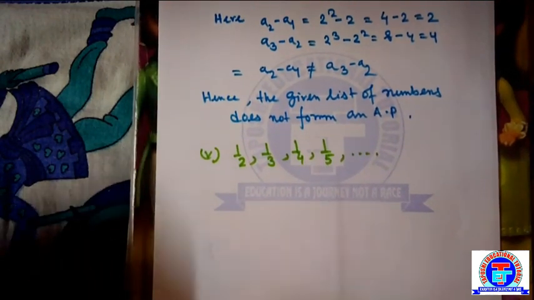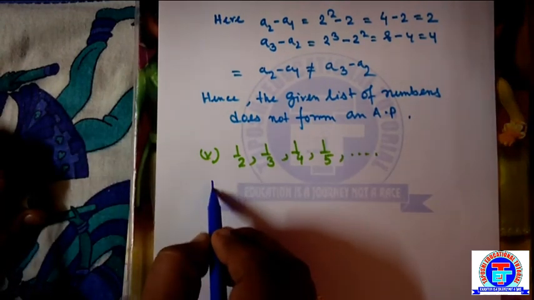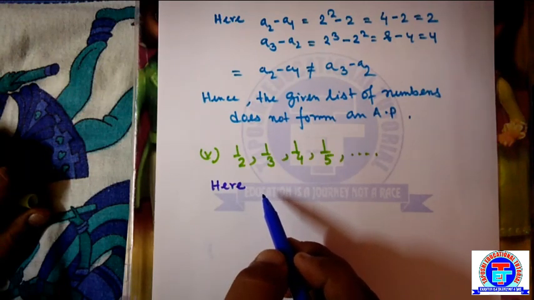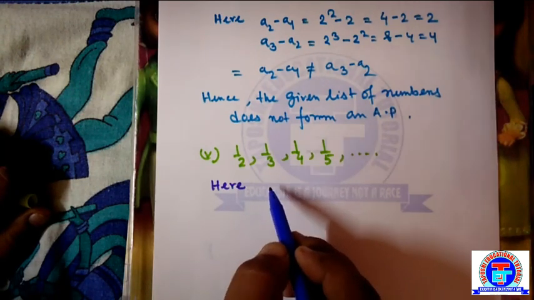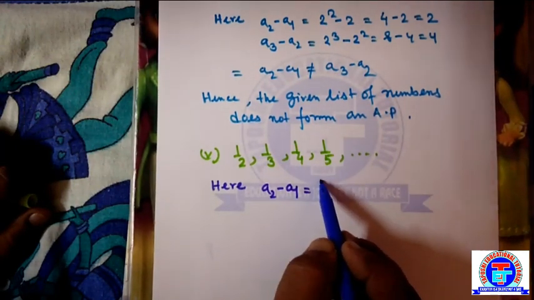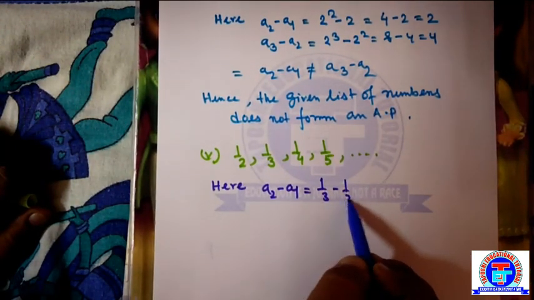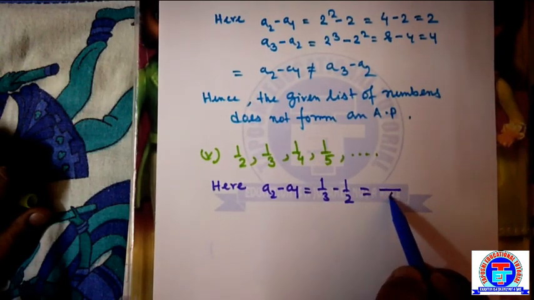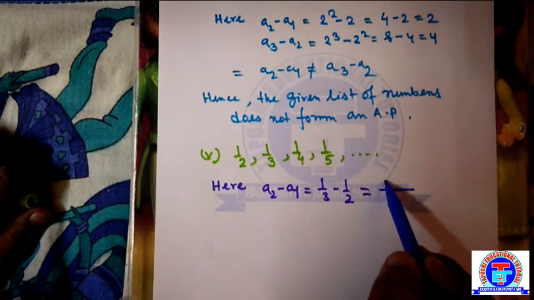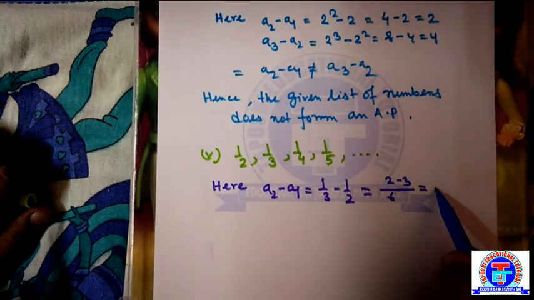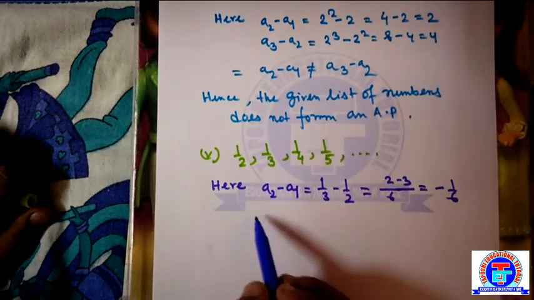The same way that we write here: A2 minus A1 is equal to 1 by 3 minus 1 by 2 is equal to, we can write LCM 6, and this one 2 minus 3 is equal to minus 1 by 6, right?